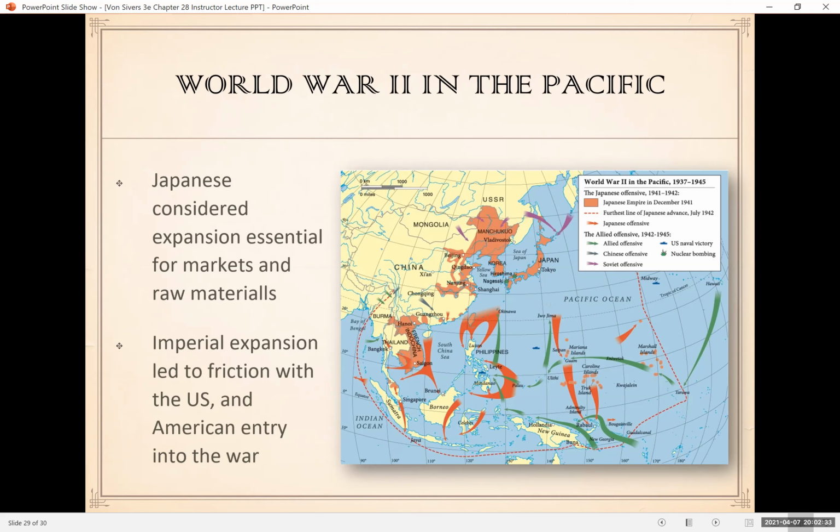The American Department of War, what we now call the Department of Defense, had done the math and said this was impossible. There is no way the Japanese could get to Pearl Harbor by ship.